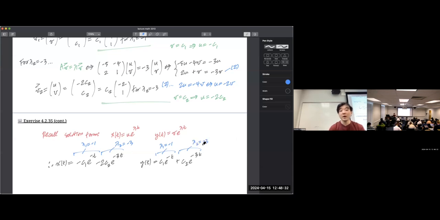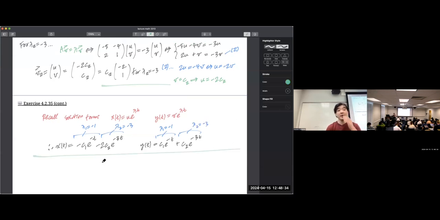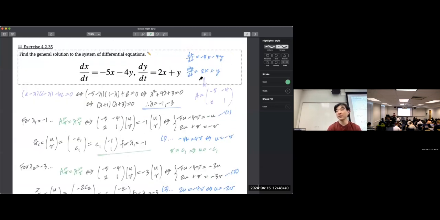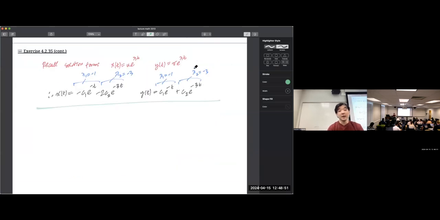Okay, so these turn out to be, if you plug this into our system right here, this blue stuff, if you plugged in that x and that y, and their derivatives on the left-hand side, you should get both these equations to be satisfied simultaneously. So that's how you connect the eigenvalues and eigenvectors into a solution for the differential equation.